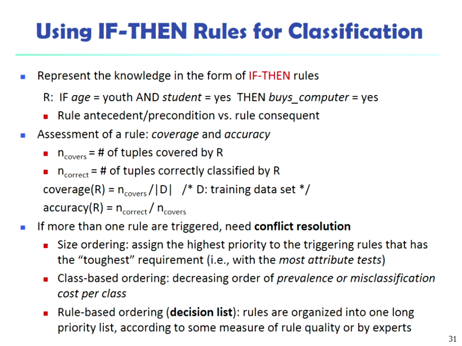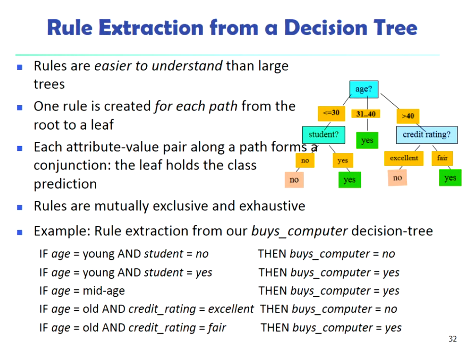Okay, if more than one rule is triggered, we need conflict resolution. So size ordering: assign the highest priority to the triggering rule that has the toughest requirement. Class-based ordering, for example, decreasing order of prevalence or misclassification cost per class, etc. So rules are easier to understand than large trees.